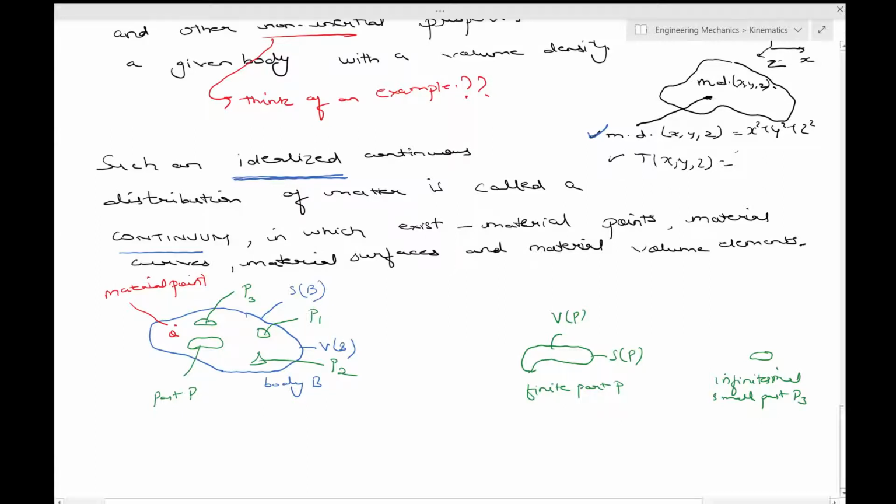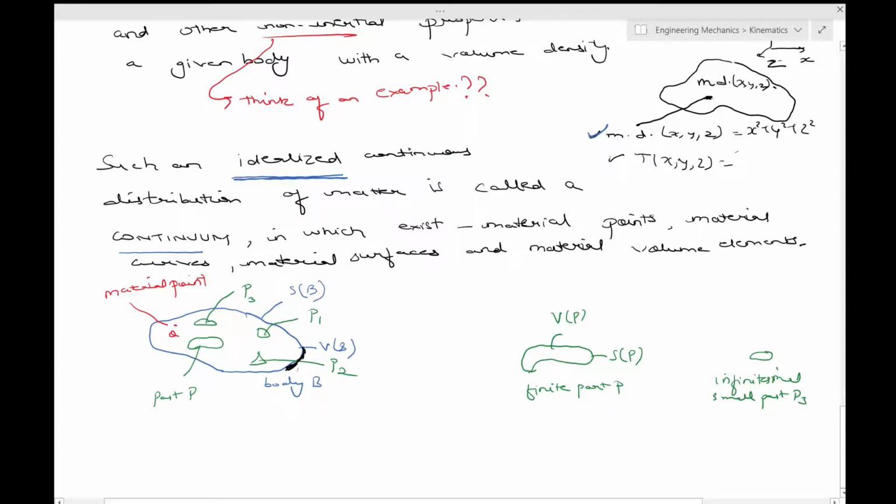Then you have the boundaries and surfaces, which are called material curves and material surfaces. This is the boundary of this. The surface of a continuum material is not something hard to see. Look at the phone or the table or your laptop around you. You can clearly see its curves and surfaces.